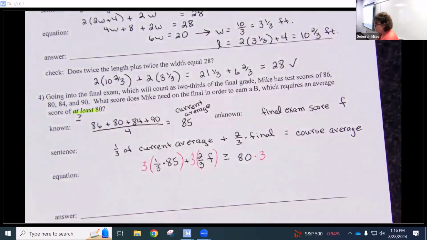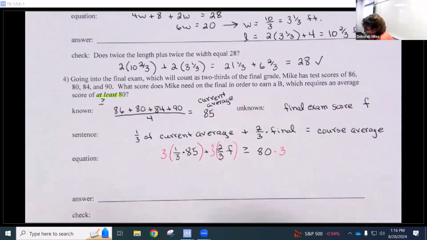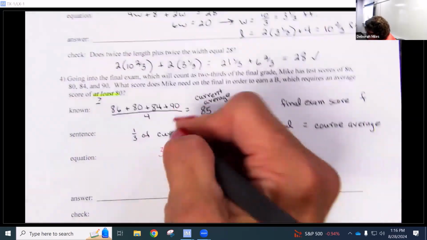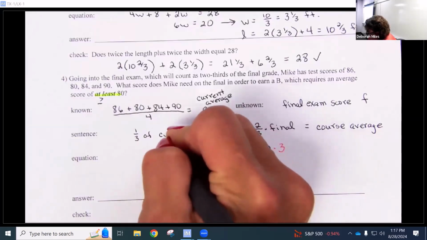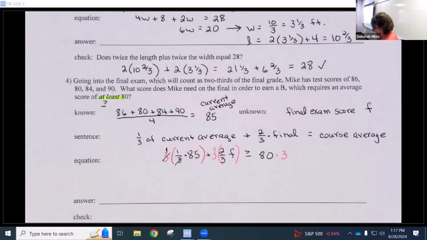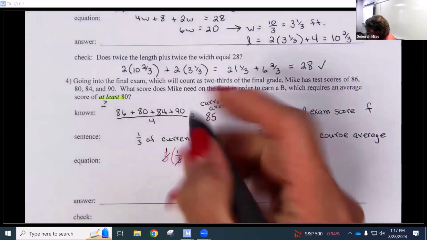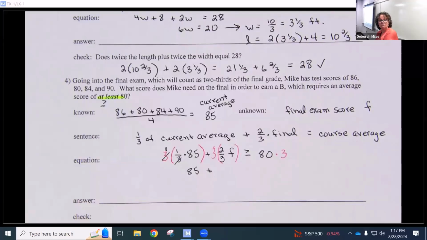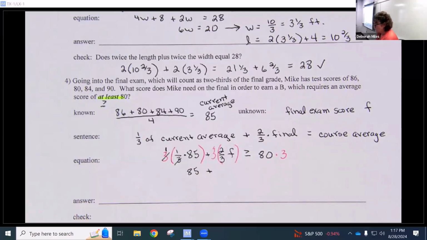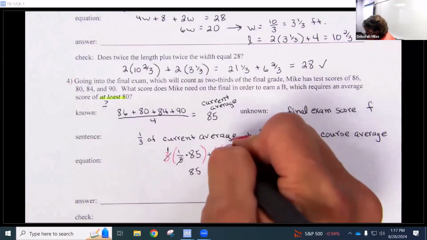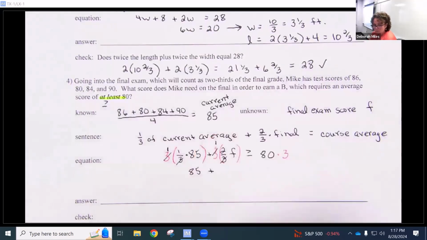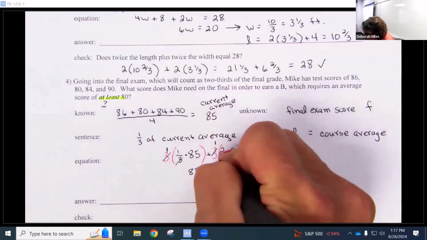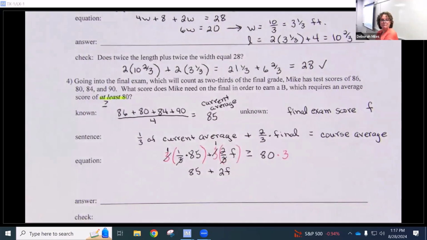Put it in red just so you could see it well. The left-hand side, that 3 goes into 3 1 times. And 1 times 85 is just 85. Your second term, 3 goes into 3 1 times. And 1 times 2f is just 2f.